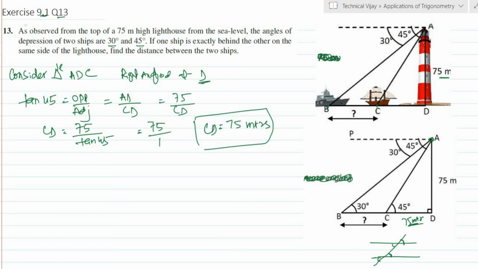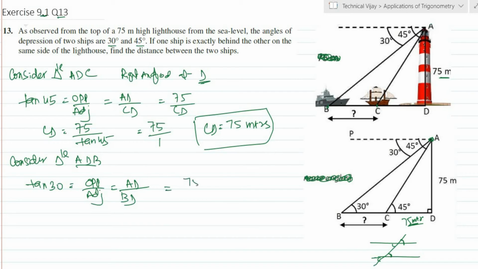Now we will consider this triangle, that is ABD, right angled at D. So here also we will see tan 30. Tan 30 is equal to opposite divided by adjacent. Opposite is nothing but AD, and adjacent means the total distance, that is BD.